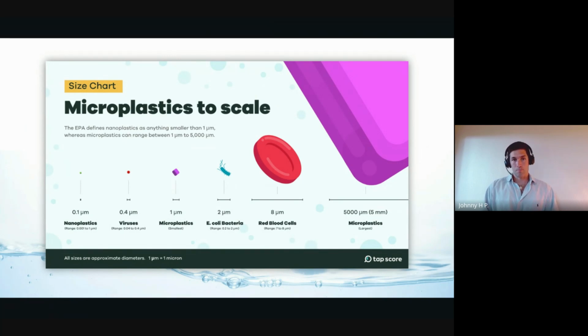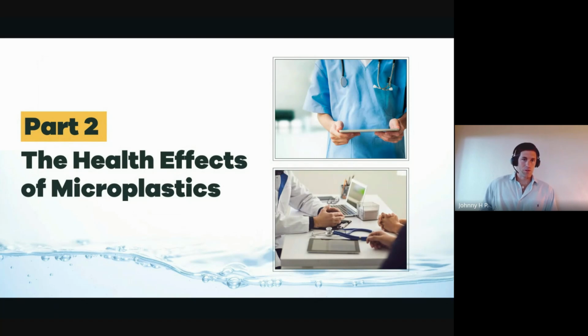Even inside of our own bodies, these smaller microplastics can get caught up in processes or parts of our body that they shouldn't be. And it is that size of the microplastic that turns out to be a very simple but very important descriptor of microplastics. I'll pass it on here to Jess, who is more qualified than I to talk about some of the latest research on microplastics and health.